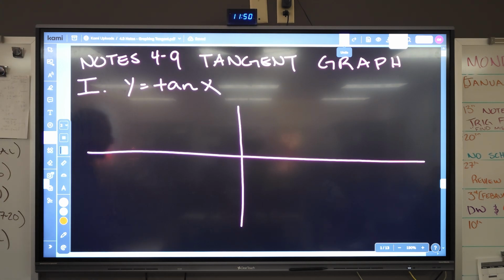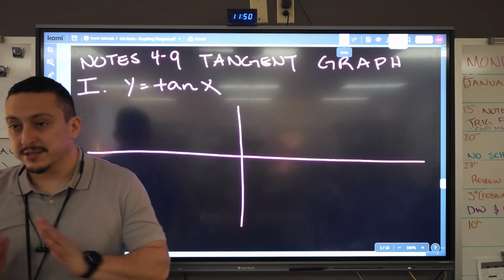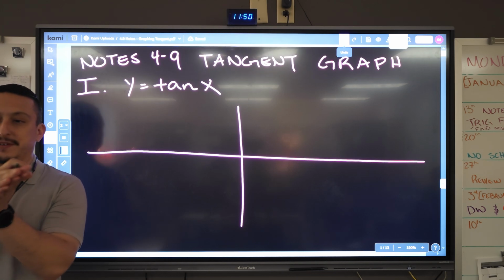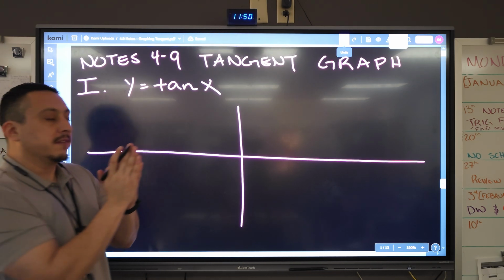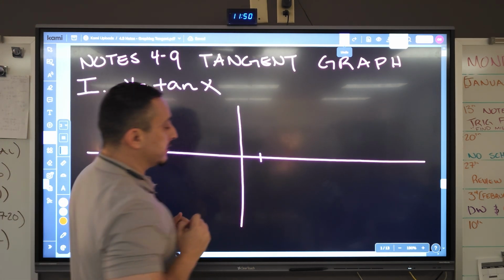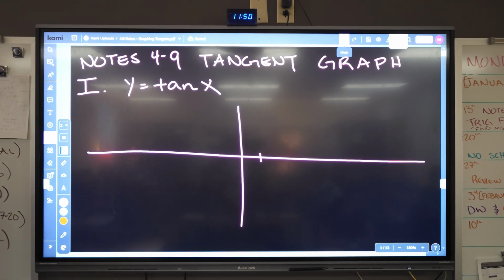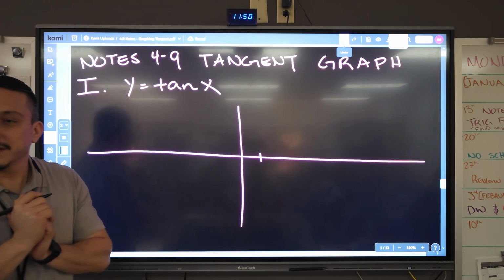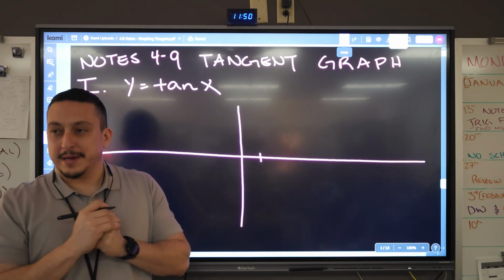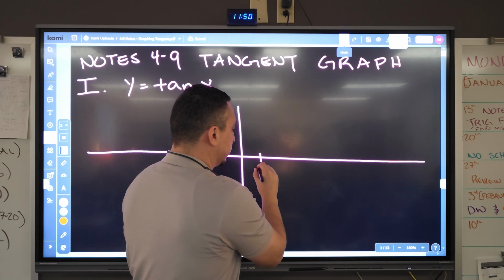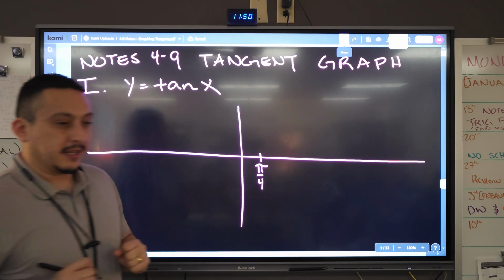And you're looking at your unit circle. What we're going to do is write every 45 degrees. So from 0 to the first one, that's 45 degrees. What is 45 degrees in radians? Look at your unit circle. Pi over 4. Do you guys see it? That's pi over 4.